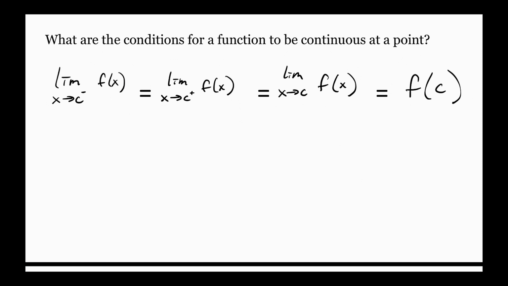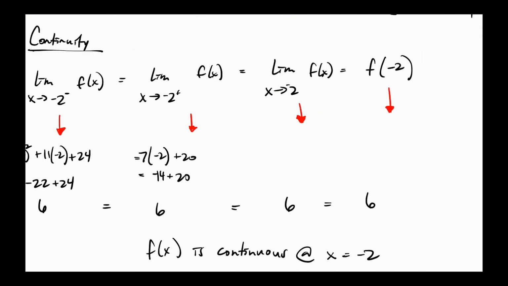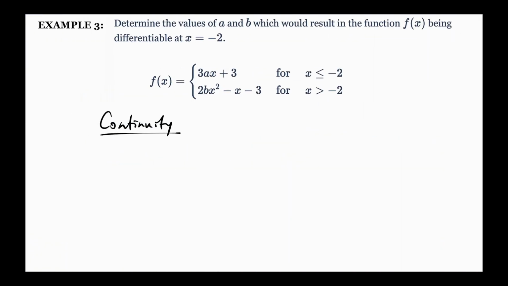So that's what we're going to check first. Remember, this type of question, figuring out A and B, is a free response type of question. What they want to see is how you checked continuity. A lot of you do it in your own process, but it's not quite clear.